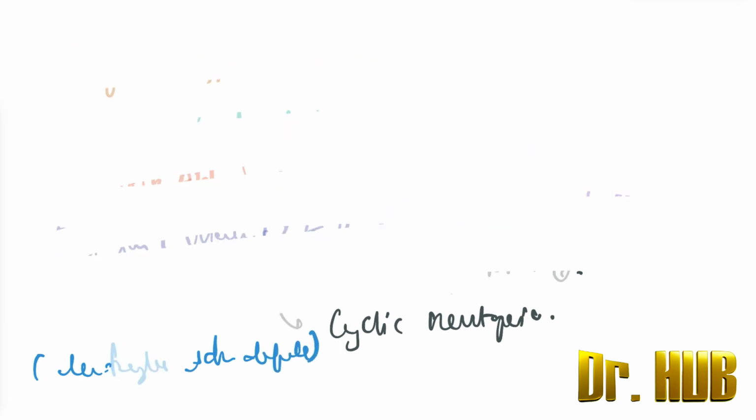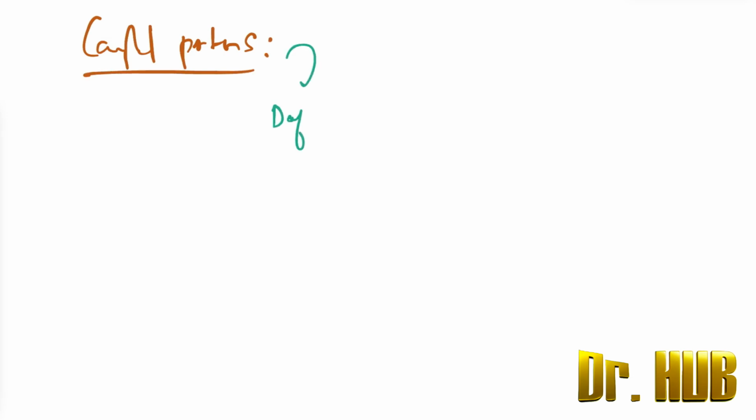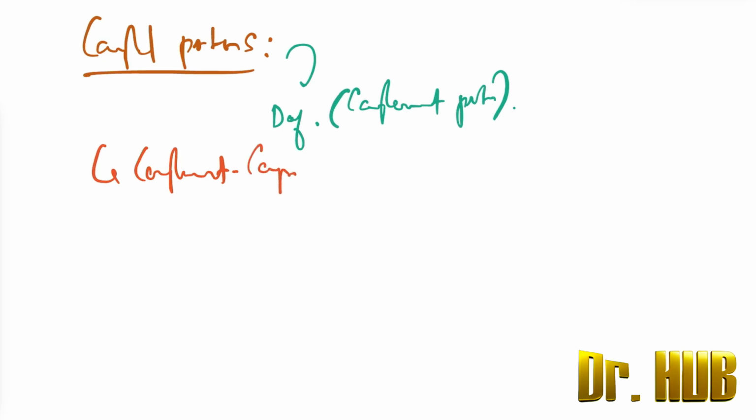Then we will look at the complement proteins. It involves the deficiency of the complement proteins. What does it involve? It involves the complement component C1 inhibitor deficiency.